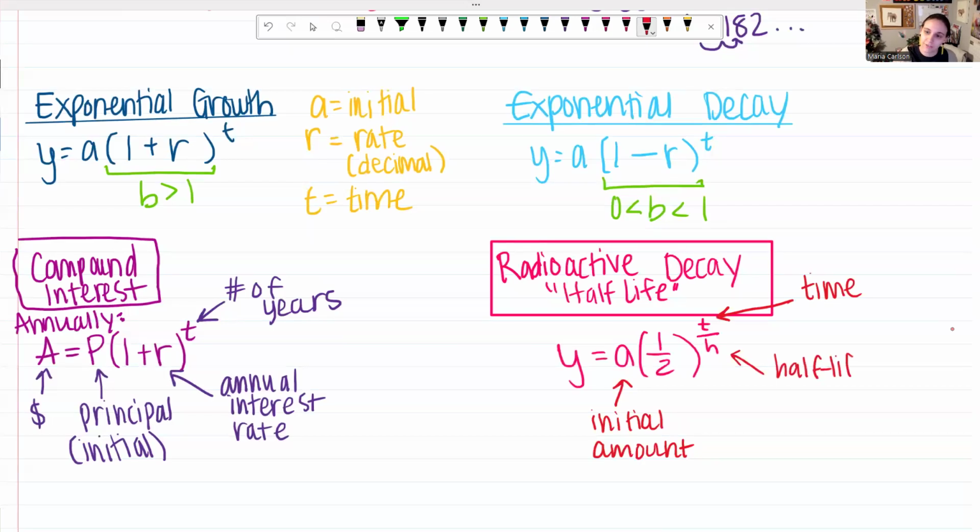So if you know the half-life of a substance is 10 days and you want to know how much substance will be left after 30 days, then your exponent would be 30, the time that we are interested in, over the half-life of 10 days. Every 10 days, it is dividing in half. So this half-life, I really like to think about it as how long until it divides in half again.